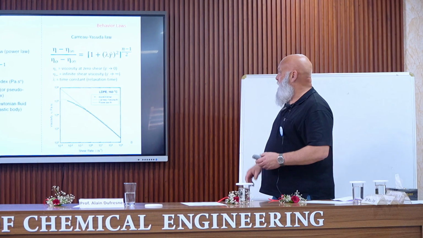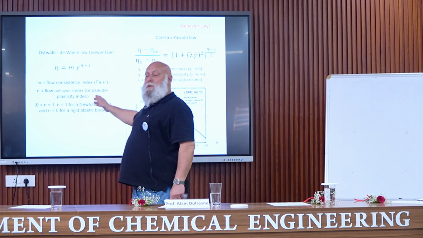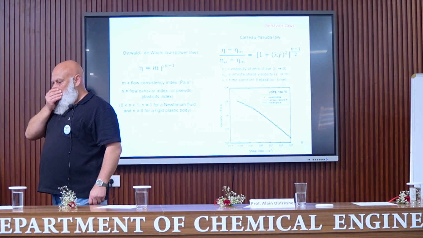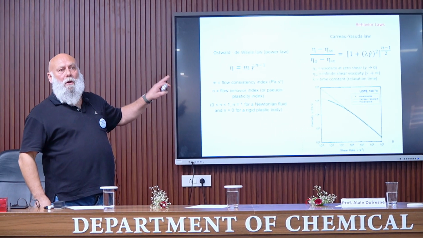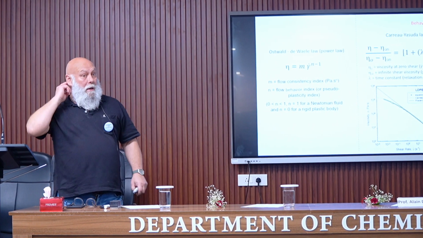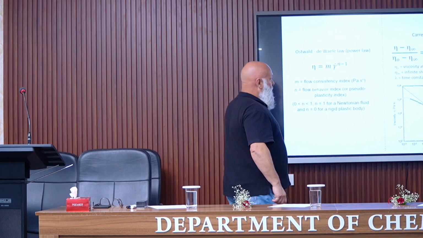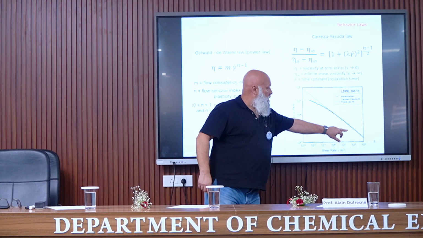So this equation or this law is broadly used, but it only represents the behavior of the material in the shear thinning range, which is what is here. It doesn't account for the Newtonian plateau.